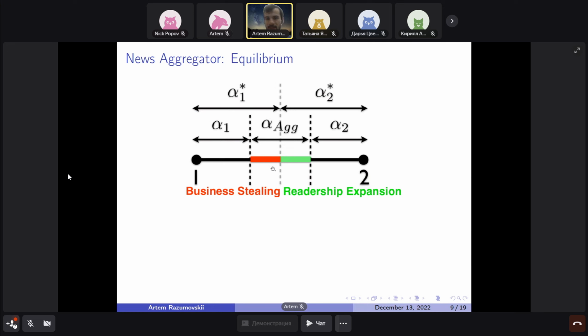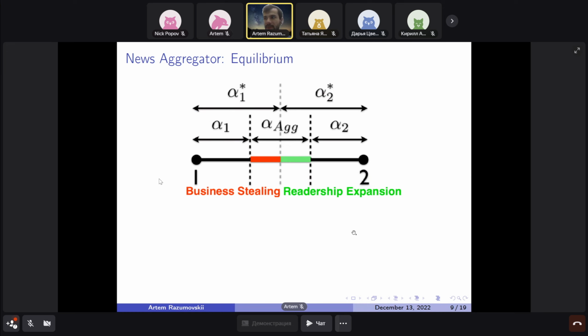But then all of these consumers from the interval alpha aggregator can observe our high quality news from our agency. So firstly we have the negative effect, business stealing, where the aggregator takes some consumers from our agency.